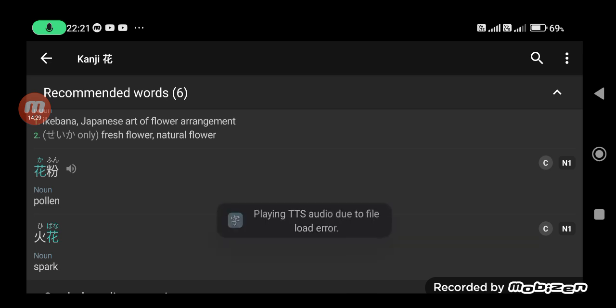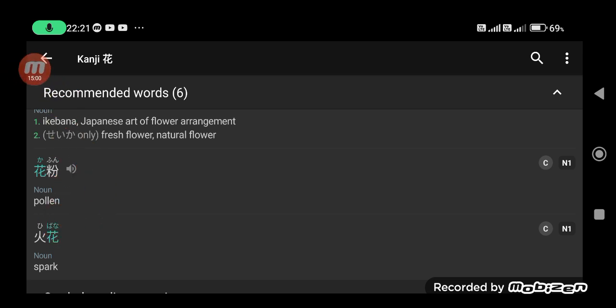How about this? 花粉, kafun, is pollen. If you have a flower and it has a pollen part, the pollen part is represented in this fukugogo by this kanji that denotes dust or powder.